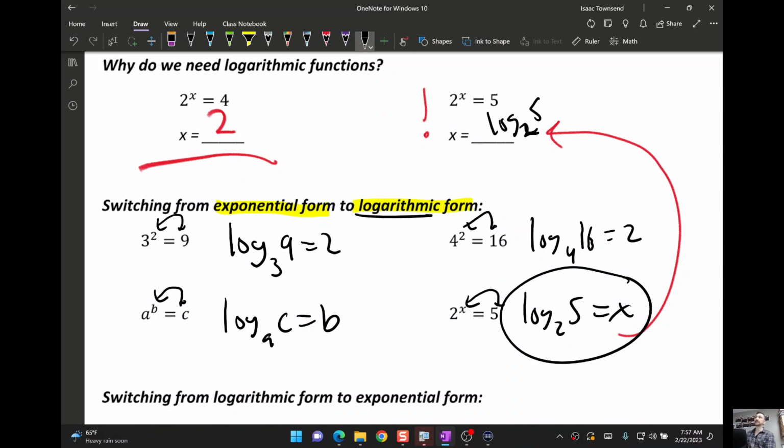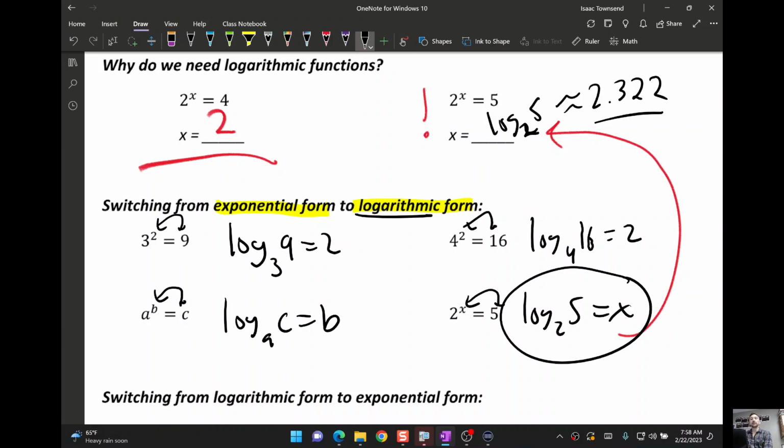That is the exact answer: log base 2 of 5. And I will show you in a bit how to estimate that if you needed a decimal, but it's about that. So sometimes just switching from exponential form to logarithmic form is all that needs to be done to solve an exponential equation.